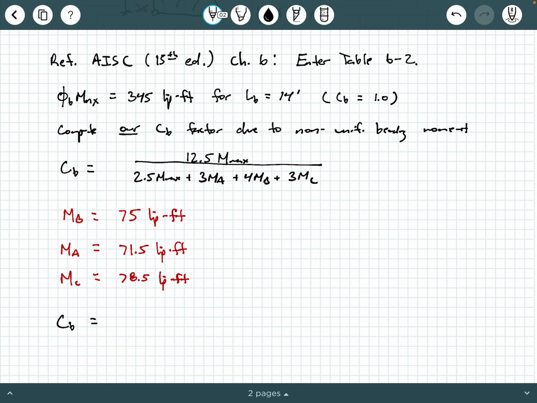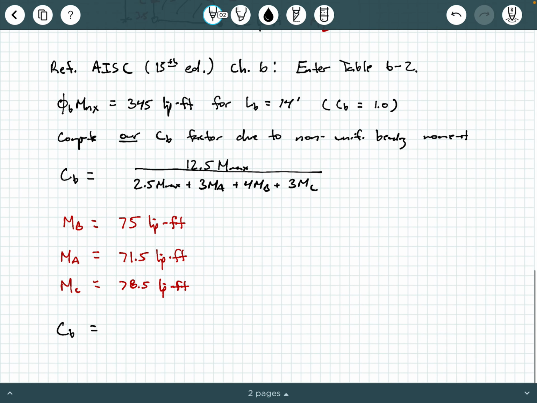So let's go ahead and calculate CB, and I'm going to pull my calculator out and try to do this right the first time. So M max, remember, is the 82 kip feet, right? So let's punch this in our calculators together. I'm punching along right with you guys. I'm already making a boo-boo in my calculator, but that's okay, I fixed it. 4 times MB is 75, plus 3 times MC is 78.5.